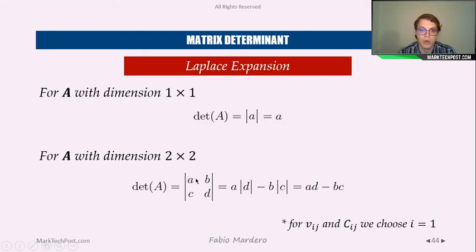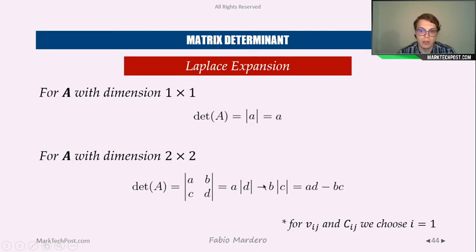So we move through the first row. We take the A element, and then we have to compute the determinant of this submatrix that is determined by excluding the ith row and the jth column. Here the ith row is the first, and the column is the same, the first column. So we have to compute the determinant of D. Here we have A times the determinant of D.